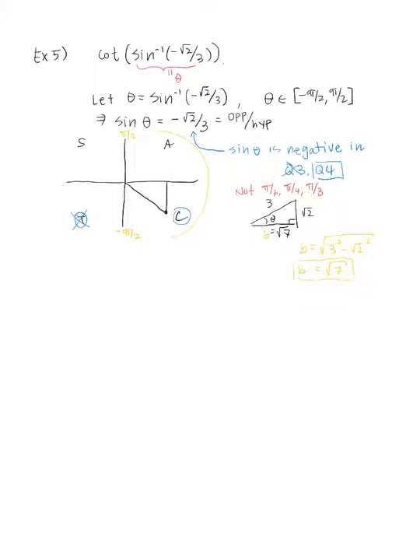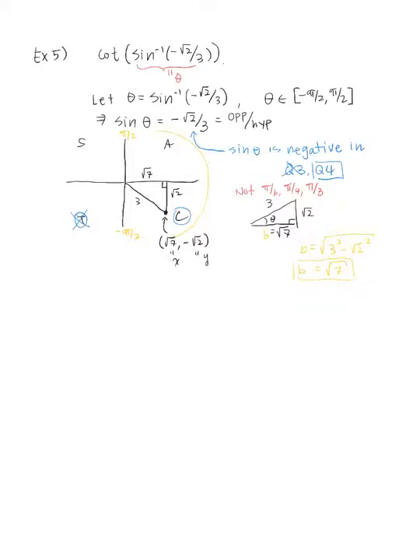I'm going to plot this point right here. So the lengths are square root of 7, 3, and square root of 2. This point right here has x equal to square root of 7, and y equal to negative square root of 2. So you could think of this as your x, this is your y.